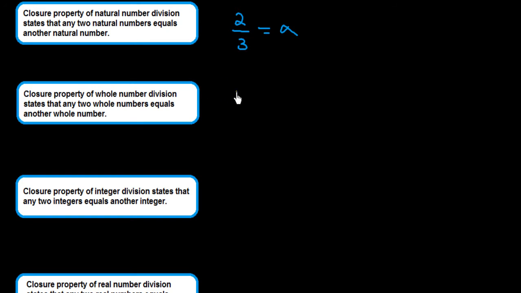Now you see for whole numbers, if we divide any whole number by 0, we get infinity here. You see here with integers also, if we take minus 1 divided by 0, it is infinite, so it is not defined.